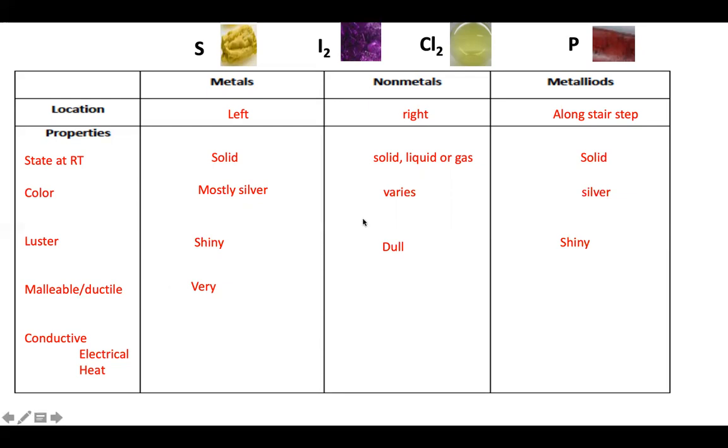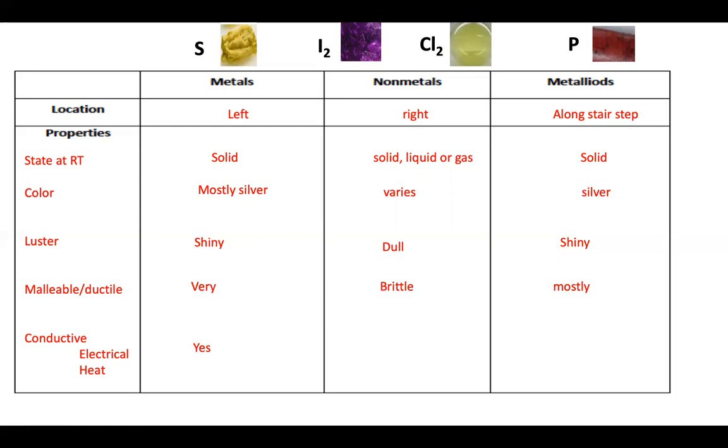And so metals are both malleable and ductile. Non-metals, of course, we're talking about the ones that are solid, tend to be brittle. And most metalloids are also malleable and ductile. When we talk about how conductive elements are, we can talk about both electrical conductivity and heat conductivity.